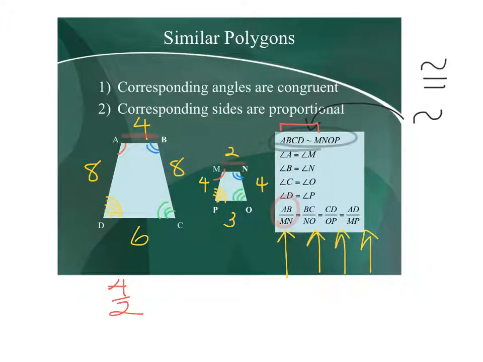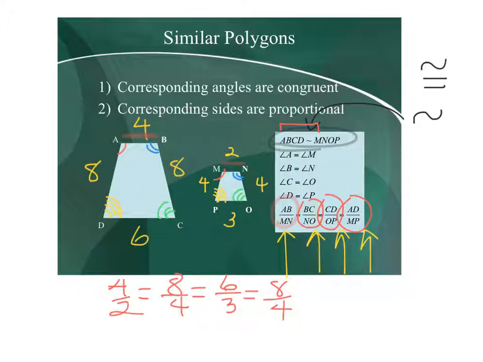Then I'm going to take the next fraction, the BC over NO. BC is 8 over 4. Then I'll take the CD over OP. CD is 6, OP is 3. And then the last one, the AD, which is 8 over MP, which is 4.